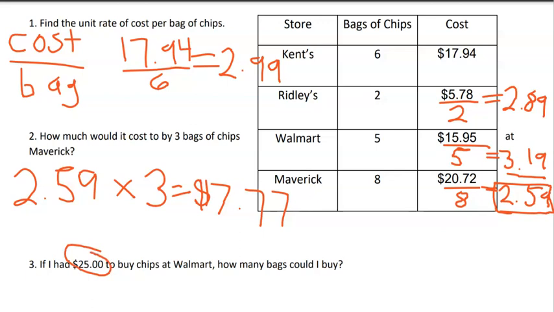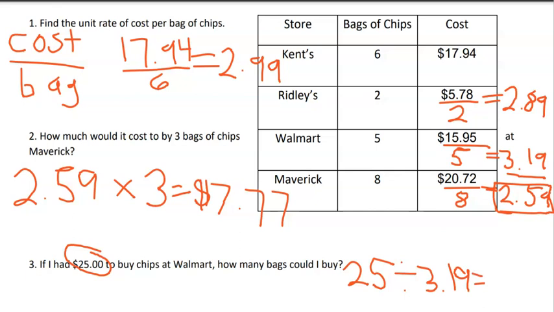We only have that amount to be spending. So coming over here, we would do the $25 we have total. And then we're actually just going to divide it by our unit rate. Our unit rate was $3.19.